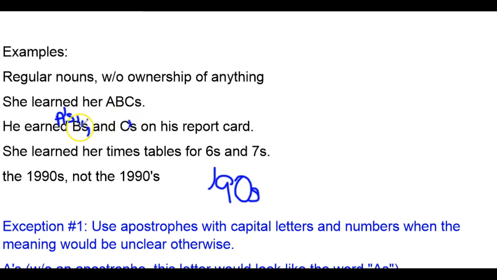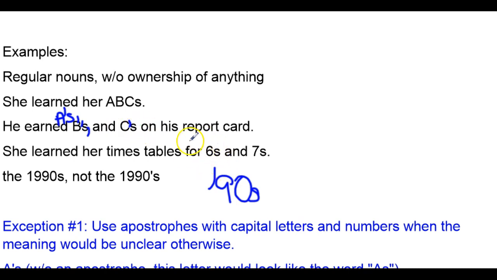So it's like that thing in math where you say what you do to one, you must do to the rest. So because I have to add an apostrophe with A's here, and it's included in this sentence, I'm adding the apostrophe with A's so it doesn't look like as. I also have to include it with B's and C's, okay?